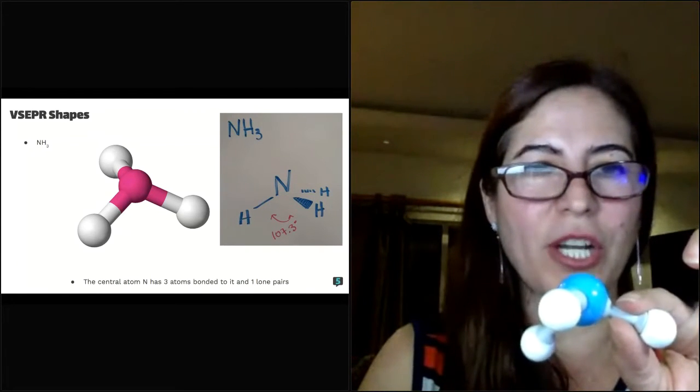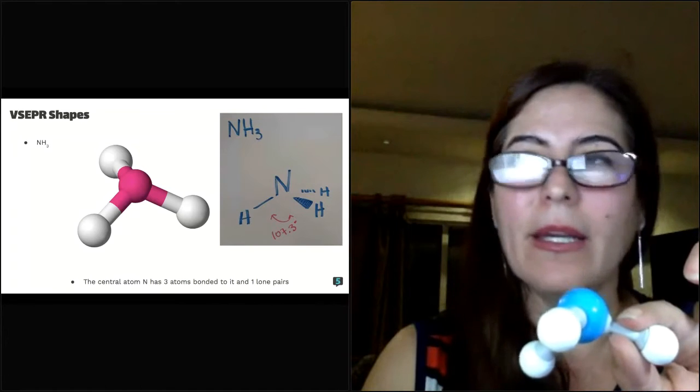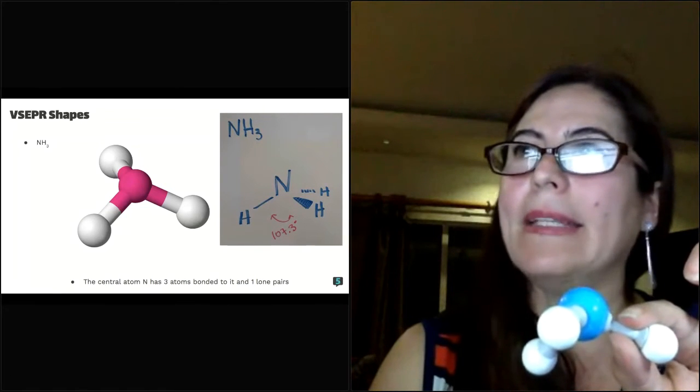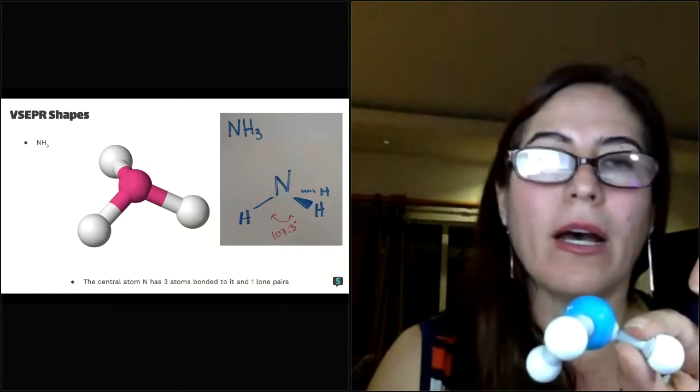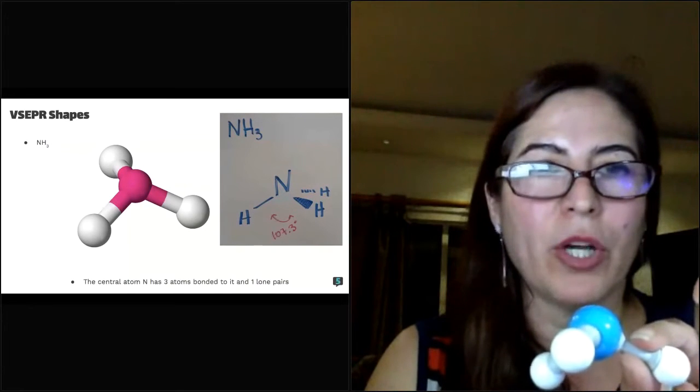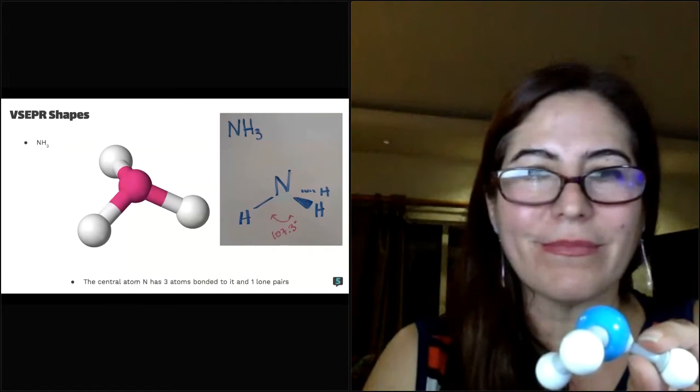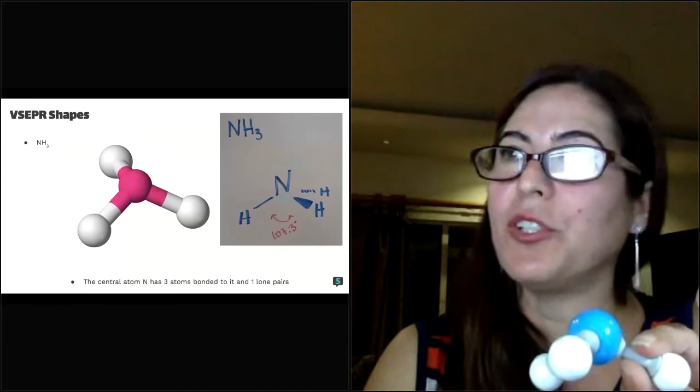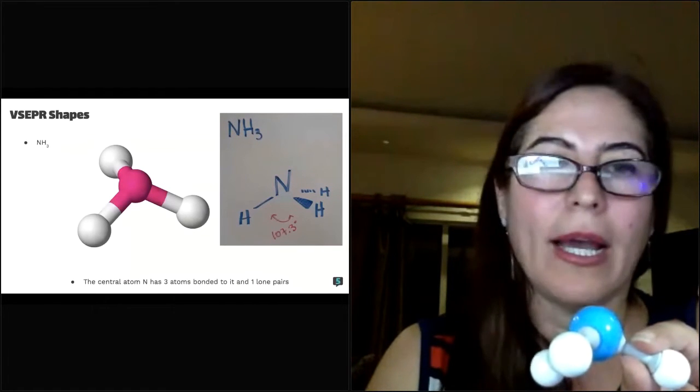Does this model in 3D make sense with the shape on paper that we're going to do? Does it make sense to you? I am holding the regular line.